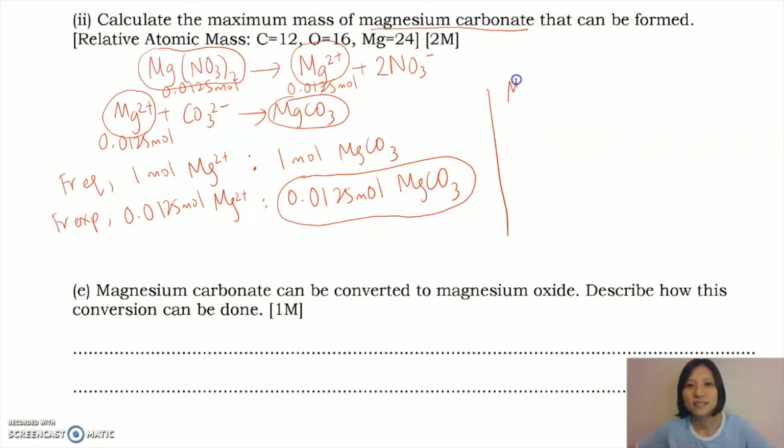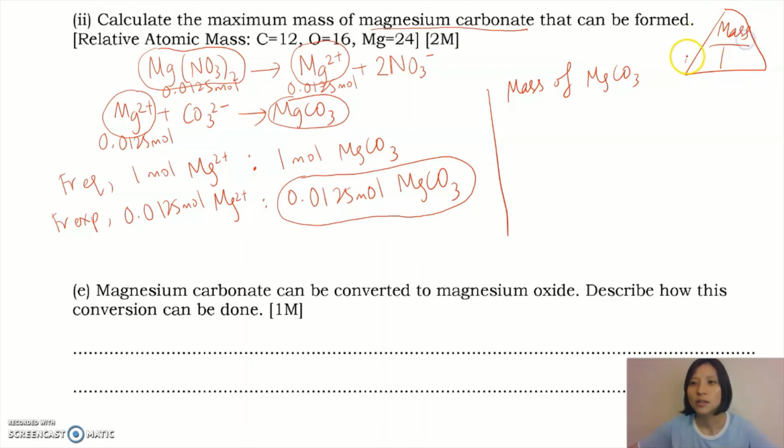So mass of magnesium carbonate, we use the triangle. How do we find mass? We take number of mole times molar mass, or add up all the RAMs. So mass is number of mole, which is from here, 0.0125, times molar mass. Now this is the molar mass that you must add up.